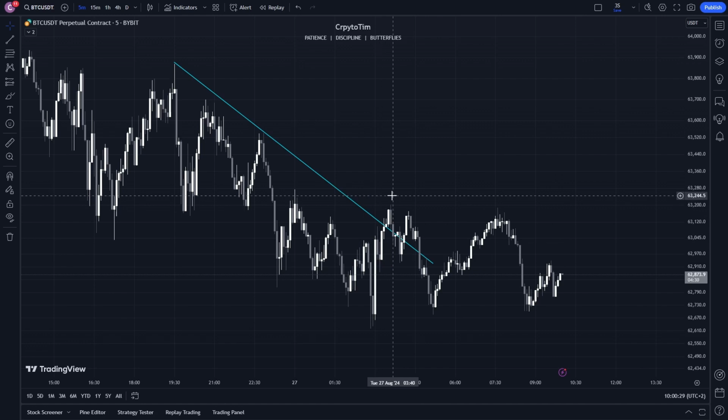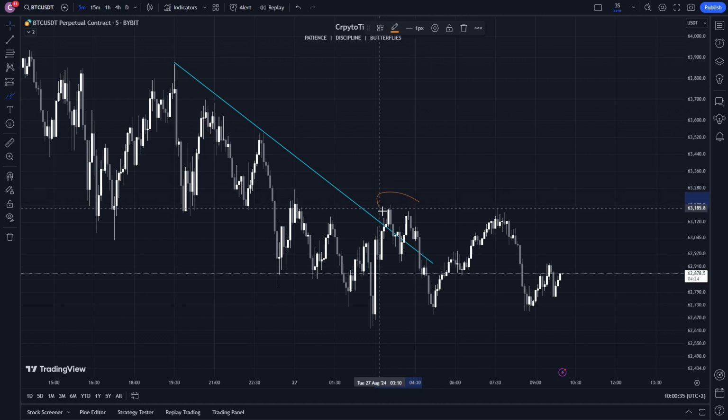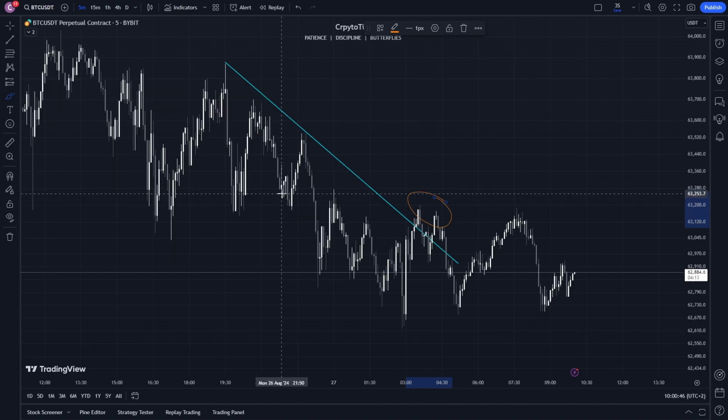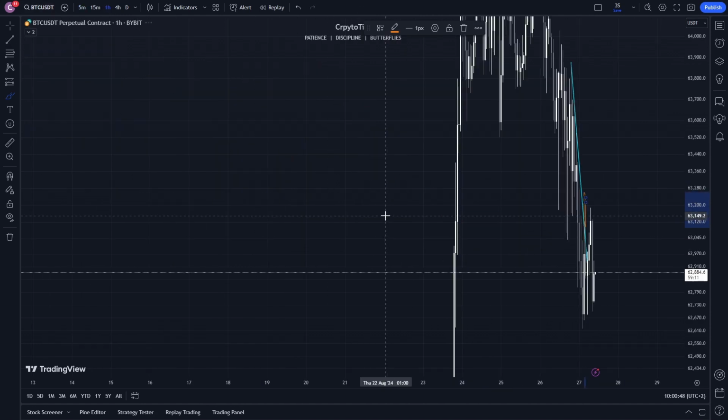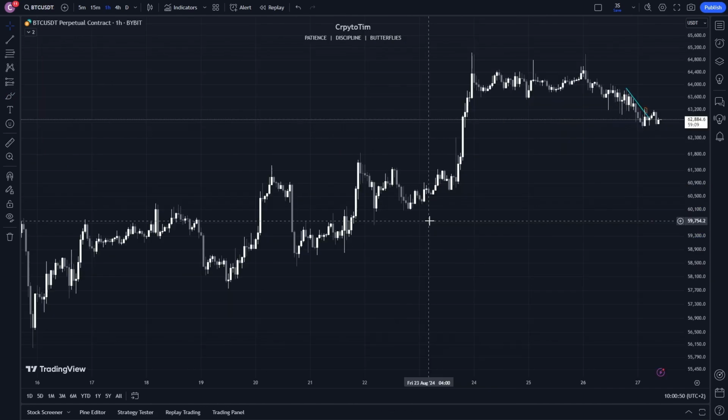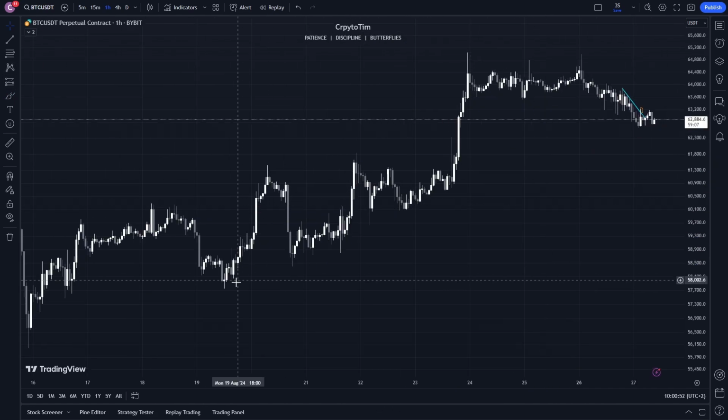What happens? We break above it, come back below, we break above it again. So in this zone, we take liquidity from retail traders just following the trend line. After that, we break down again and we come back up. This is just on the 5-minute time frame, but you could also find this on bigger time frames.